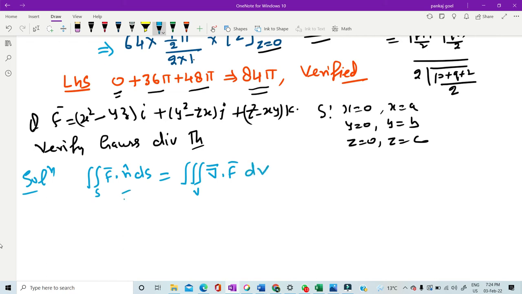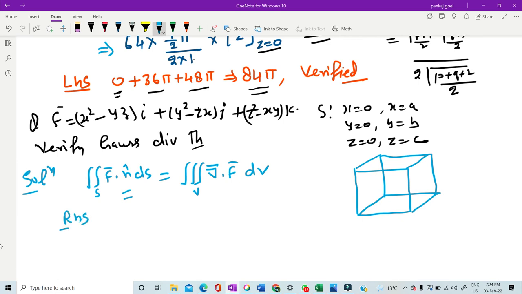For the left hand side you will solve the 6 surfaces, and for the right hand side we will solve only one integration, that is the triple integration. We have the 6 surfaces. For the left hand side we will solve all 6 surfaces, and the right hand side one integration. So I am solving only the right hand side.